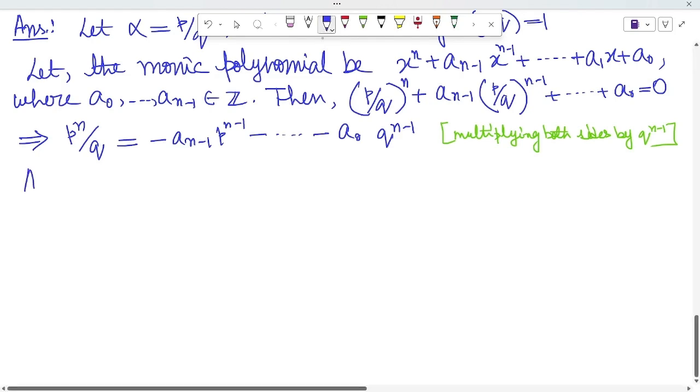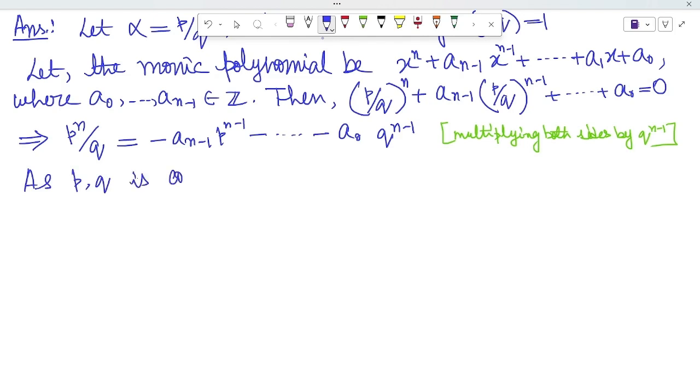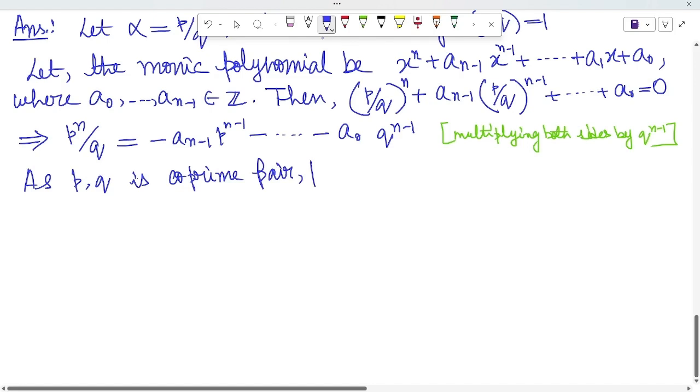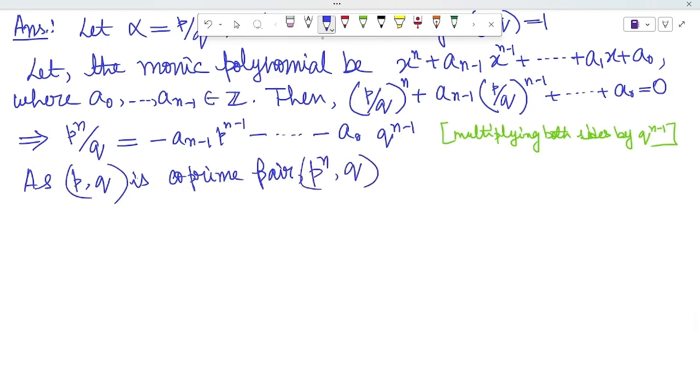Now as p, q is a co-prime pair, p to the power n and q is also a co-prime pair. Okay.